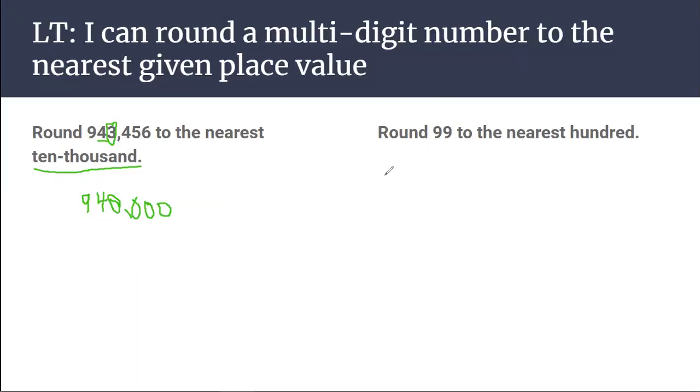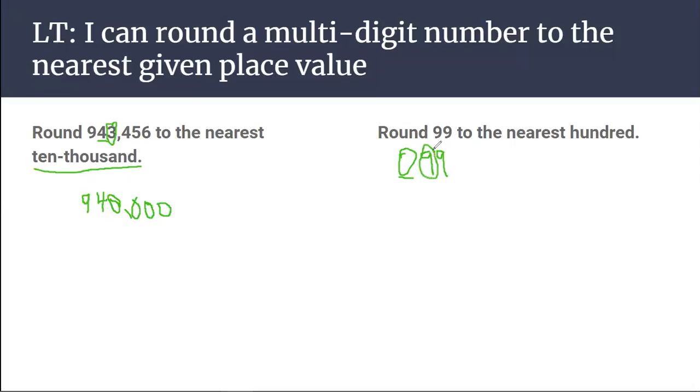Okay, so hopefully you tried this one, okay? So I'm going to write it out actually like this first, so that way you can see what I see. So I need to find the hundreds place, right? There's no hundreds place, so I just underlined nothing. And then what I want you to do is put in a 0 because nothing is the same as 0, right? I'm going to look at its neighbor. Its neighbor is a 9.